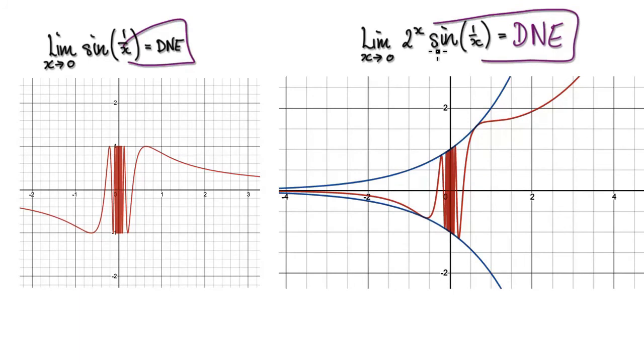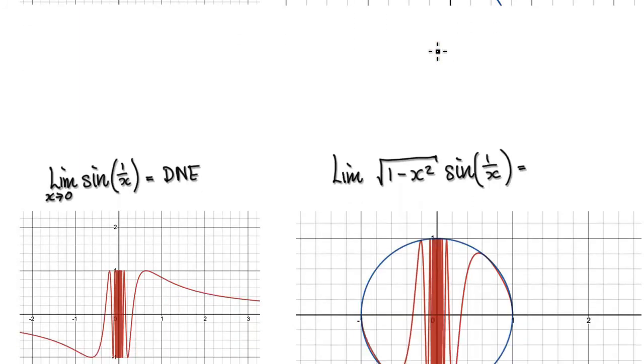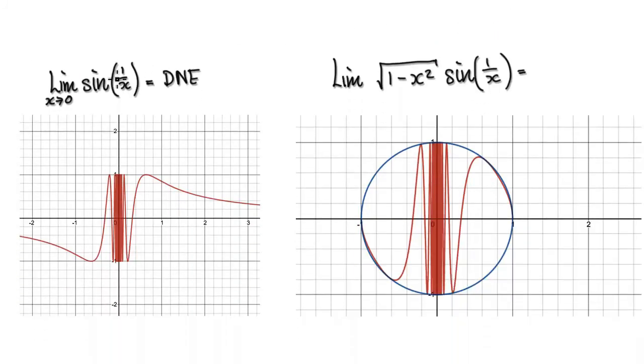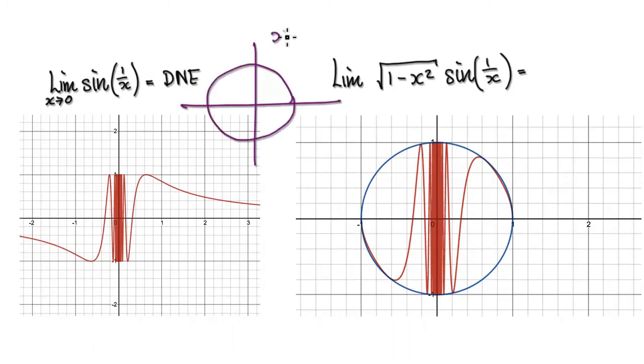So another example. We've seen sine 1 over x looks like this. We can encapsulate it within the circle. So let's say the equation of a circle is x squared plus y squared equals 1, a radius of 1. We want to extract the positive strand. So rearrange it to make y the subject.